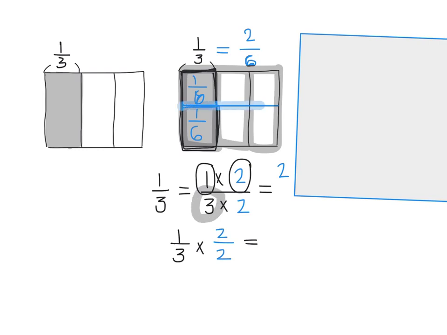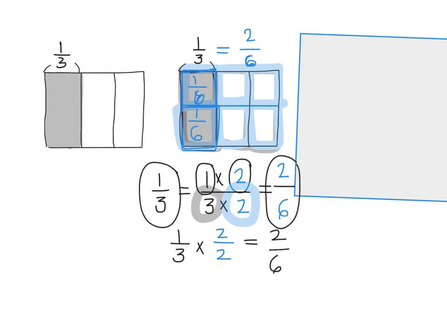But when I drew this line here, it split it into how many equal-sized sections? 6. And I split it into 2. So 3 times 2 equals 6. And so using multiplication, I can show that 1/3 times 2 over 2, because I multiplied the numerator by 2 and I multiplied the denominator by 2, will equal 2/6. So what that shows is that 1/3 is equivalent or equal to 2/6.